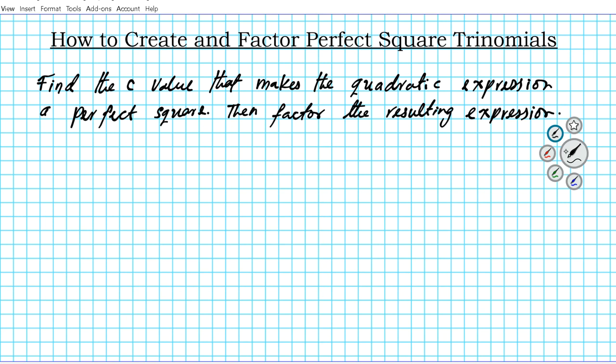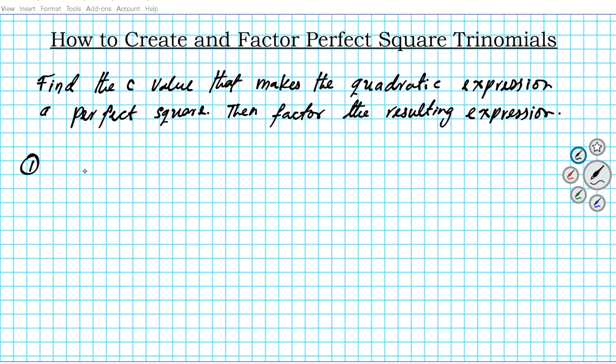To solve quadratics by completing the square, you need to know how to create and factor perfect square trinomials, and you also need to know how to solve absolute value equations. All those standards are covered in our presentations. Just take a look at the link in the description below, or go to our playlist for algebra, and then you can find the relevant standards.